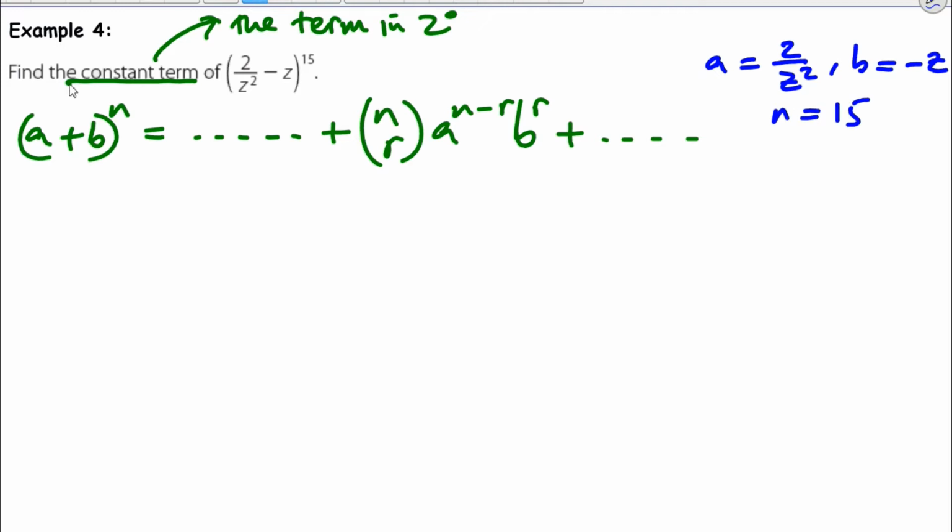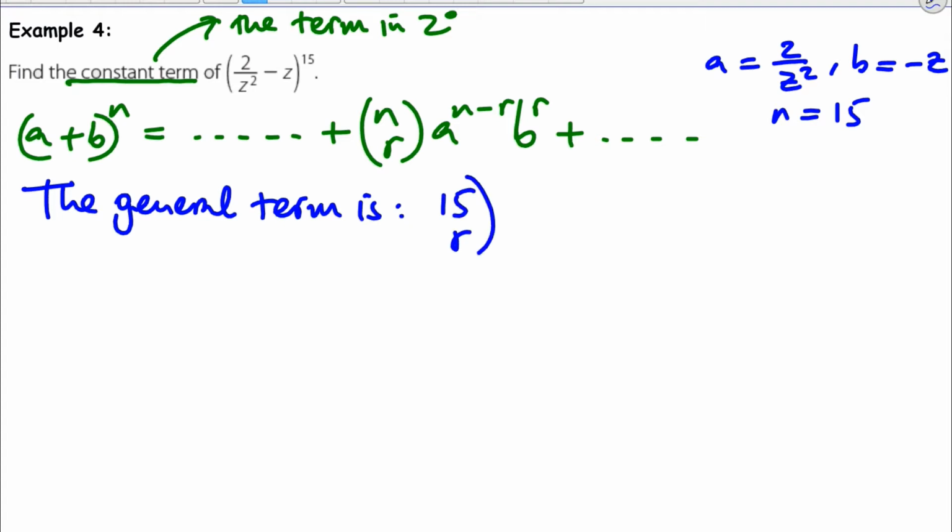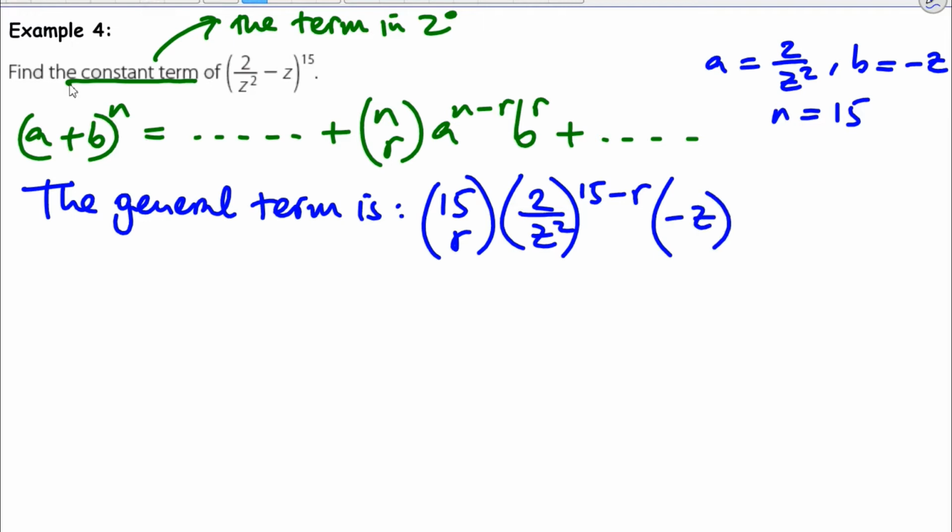So the general term will be 15 choose r, and we plug in a, which is (2/z²) to the power 15 minus r, multiplied by b, which is (−z) to power r.